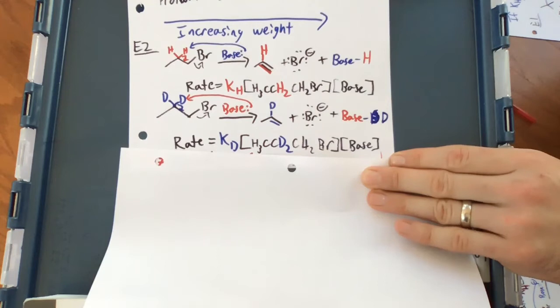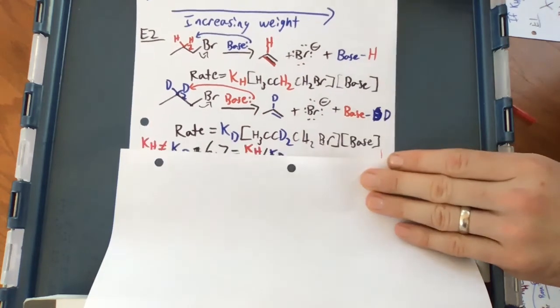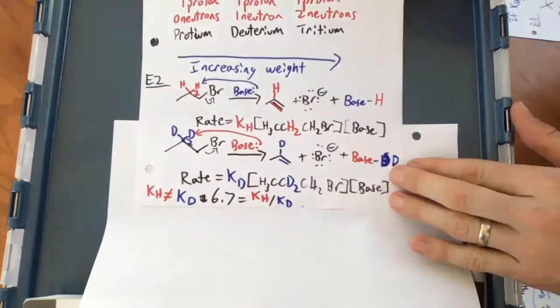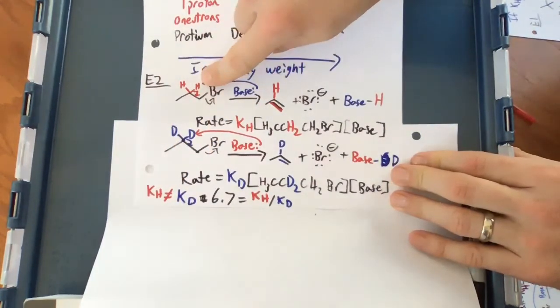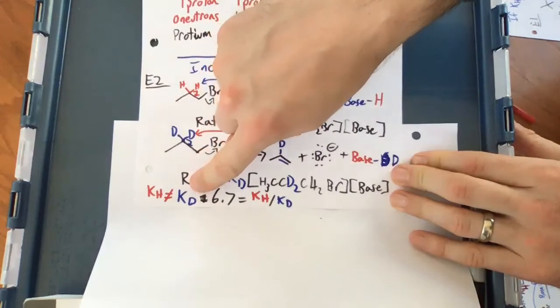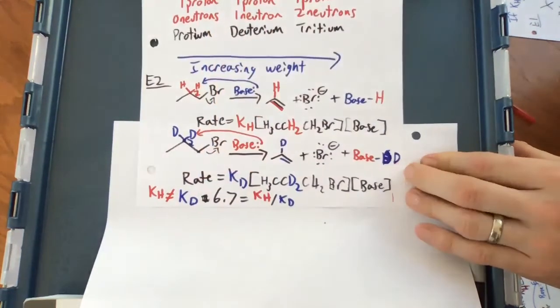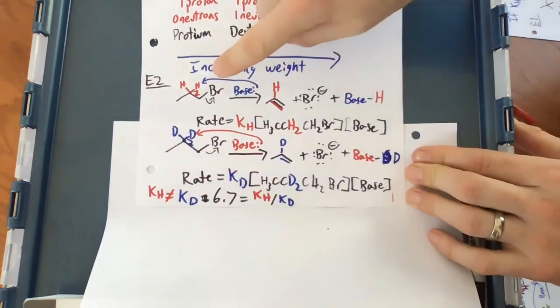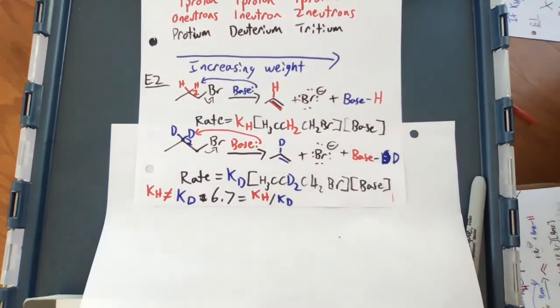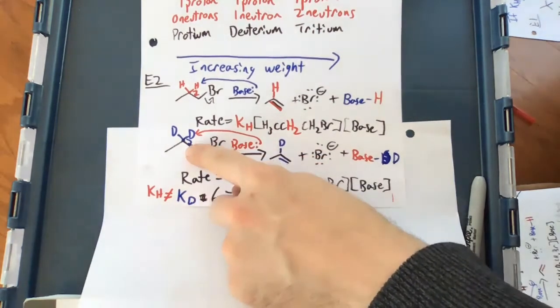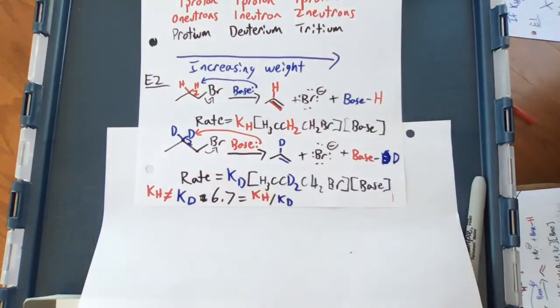And what's really crazy about this is that KH, the rate constant for the fully hydrogenated version, does not equal KD. There's a difference, and it's a huge difference. In fact, KH is almost 7 times bigger than KD. And this is based purely on the fact that the CD bond, this one, is much stronger, and so it's a lot harder for a base to deprotonate because of the bond strength.